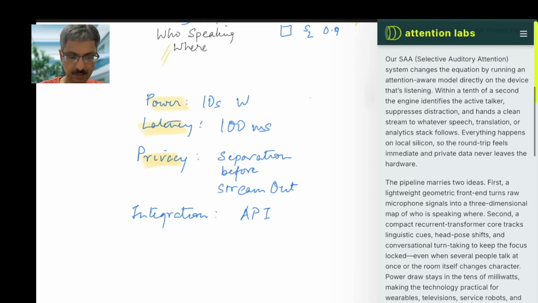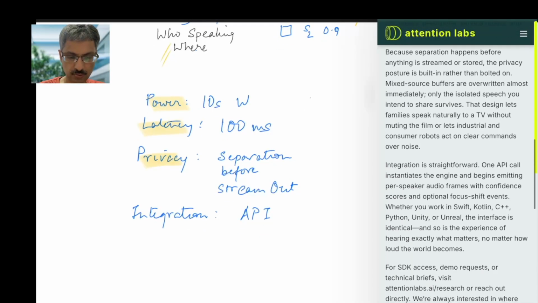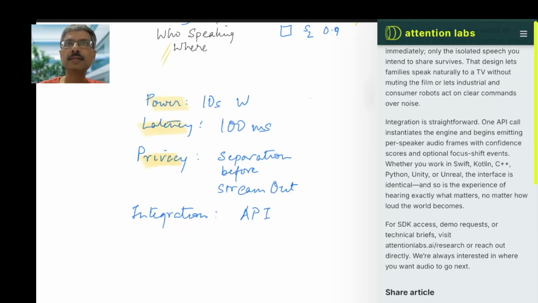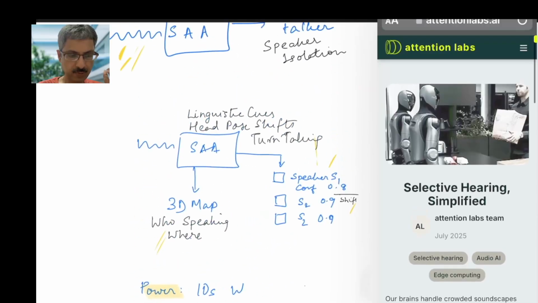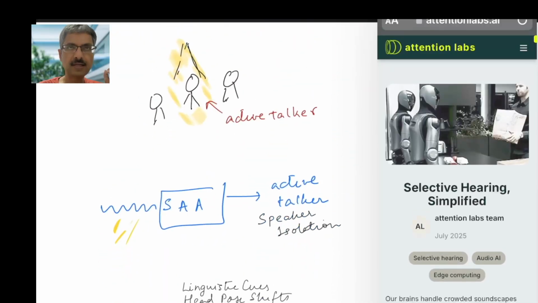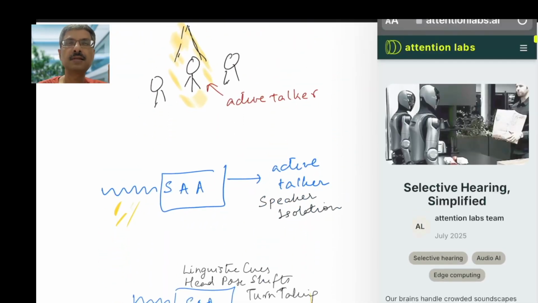All you need to do is one API call that instantiates the engine and begins emitting per speaker audio frames with confidence scores and focus shift events. Multiple languages are supported. This is great work, which brings the missing element, active speaker detection and active speaker isolation.